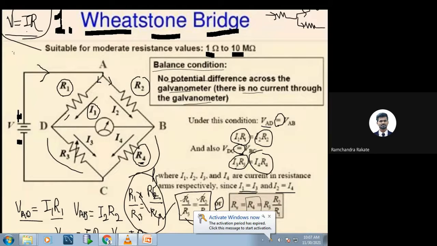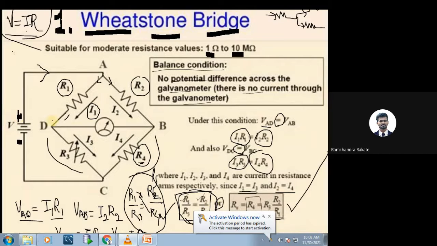Here we have used Ohm's law, then series and parallel combinations, the amount of current in series and parallel combination. In that respect, we equate all the conditions, and finally we write the equation R4 is equal to R3 times R2 by R1. Now this is exceptional, we have to concentrate most on this one, that is R1 divided by R3 is equal to R2 divided by R4. Clear?